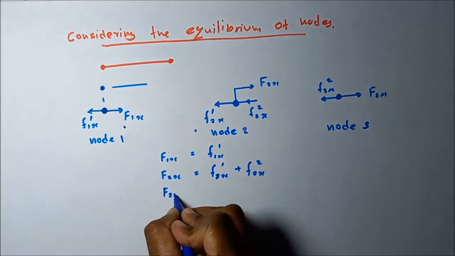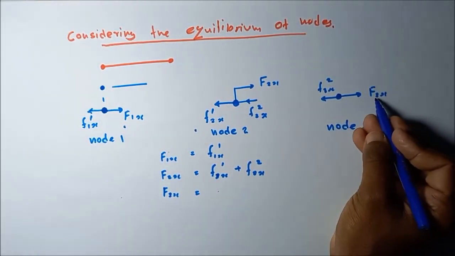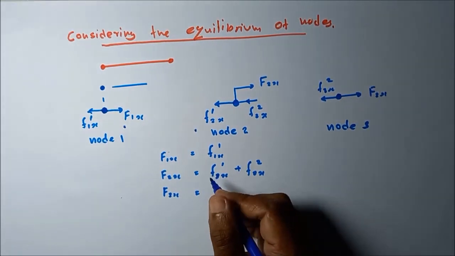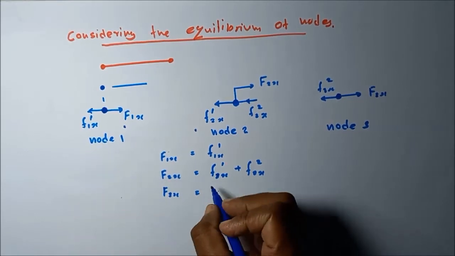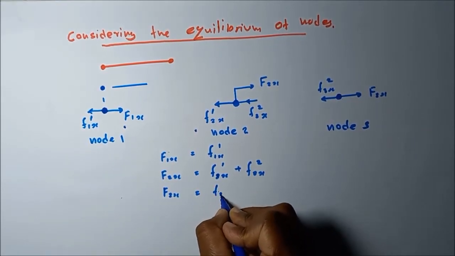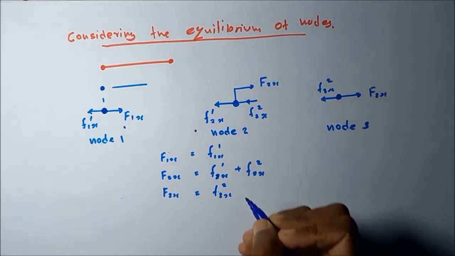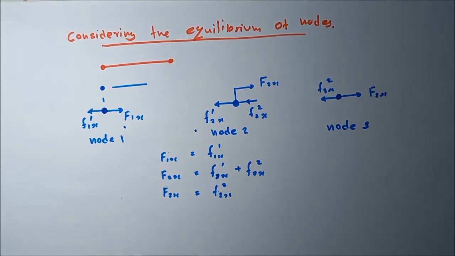Then F3x is equal to F3x2. Okay, this is the equilibrium of these nodes.